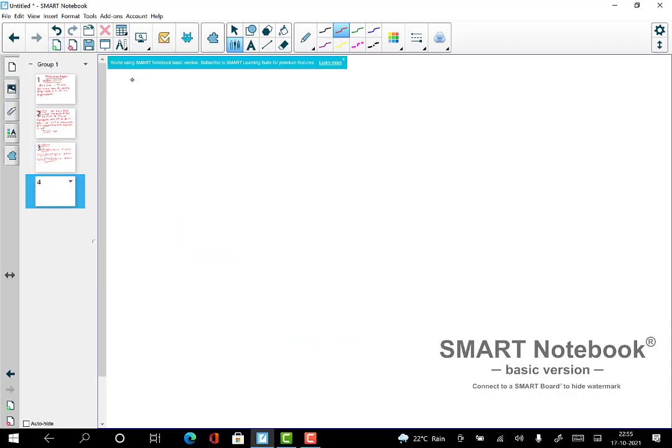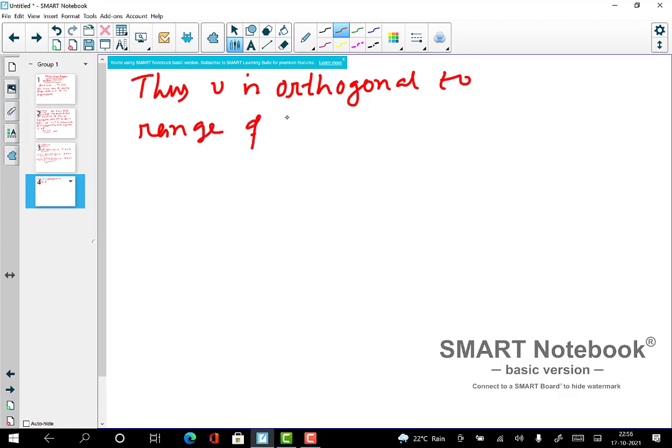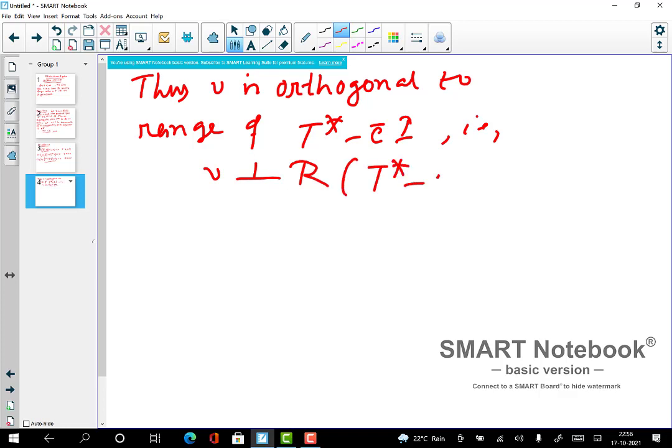Thus v is orthogonal to the range of T star minus c bar of I. That means the range of the operator has a non-zero vector which is orthogonal to the range, so this implies that the range of this operator is not equal to V itself.